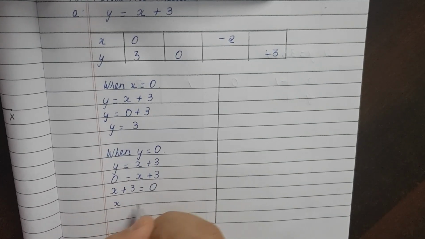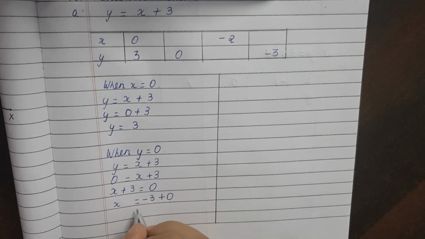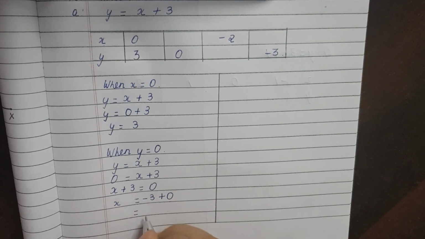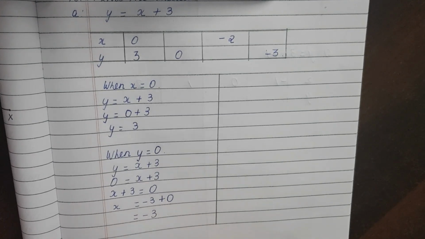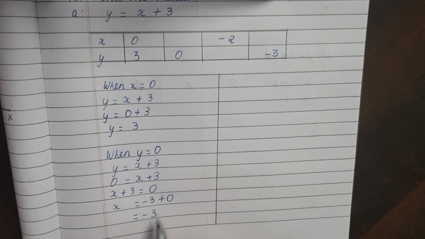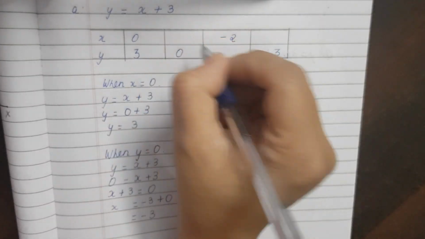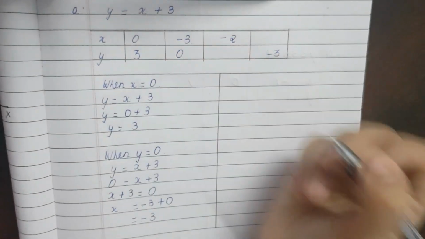So x is equal to, this plus 3 goes to the right hand side and becomes minus 3 plus 0. So the answer we get is minus 3 only. The big number is 3 and its sign is minus; 3 minus 0 is 3 only, so it is minus 3. So we can write it here too: it is minus 3.